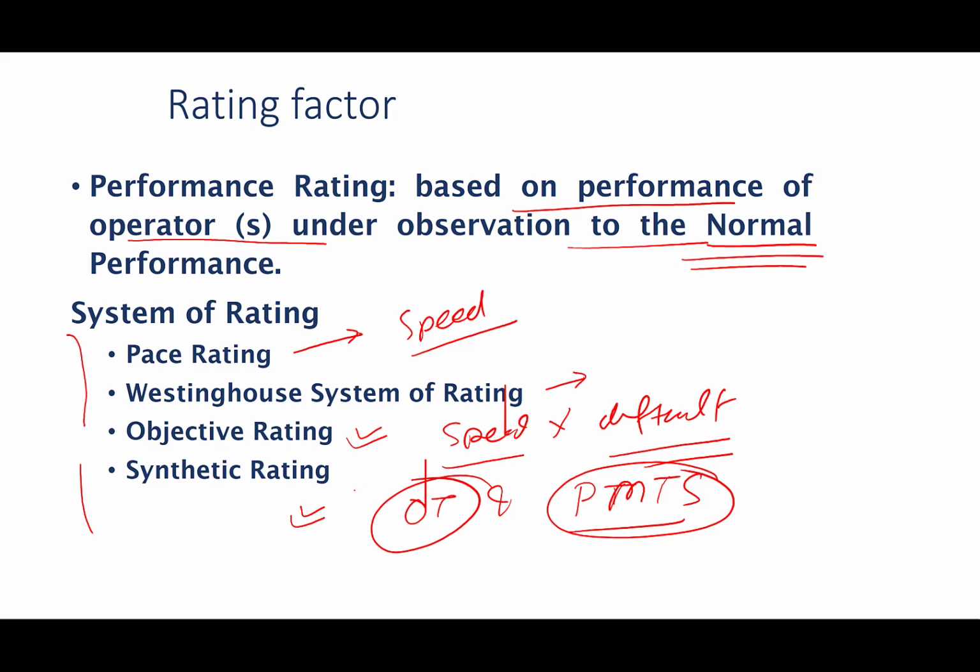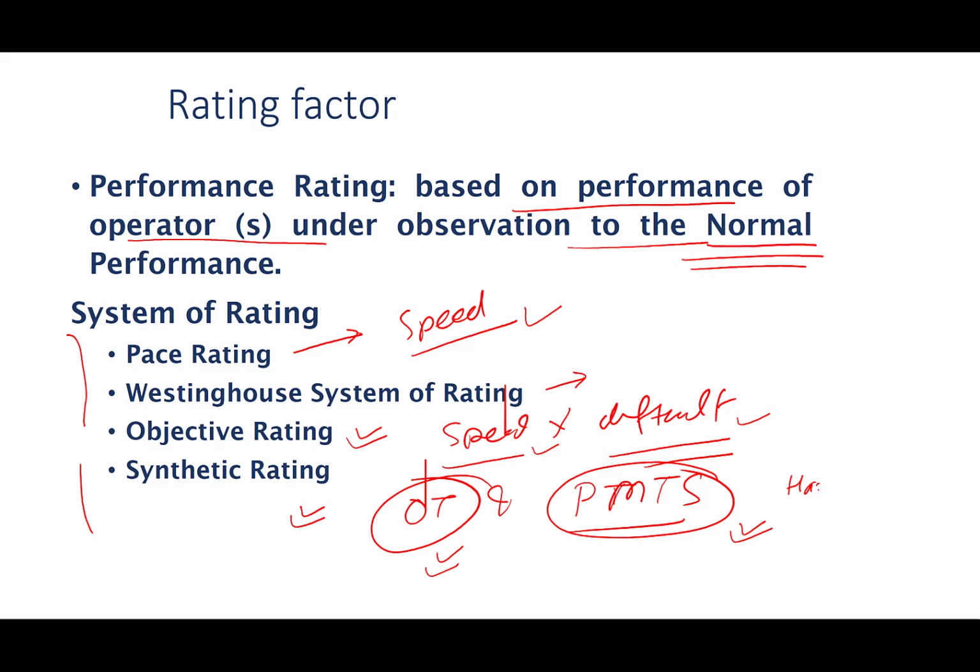So pace rating is about the speed. The Westinghouse rating system is a combination of four different factors. Objective rating is about the speed and the degree of difficulty associated with the job, and the synthetic rating is about the actual observed time and the data obtained from the PMTS data bank, that is, predetermined motion time systems.